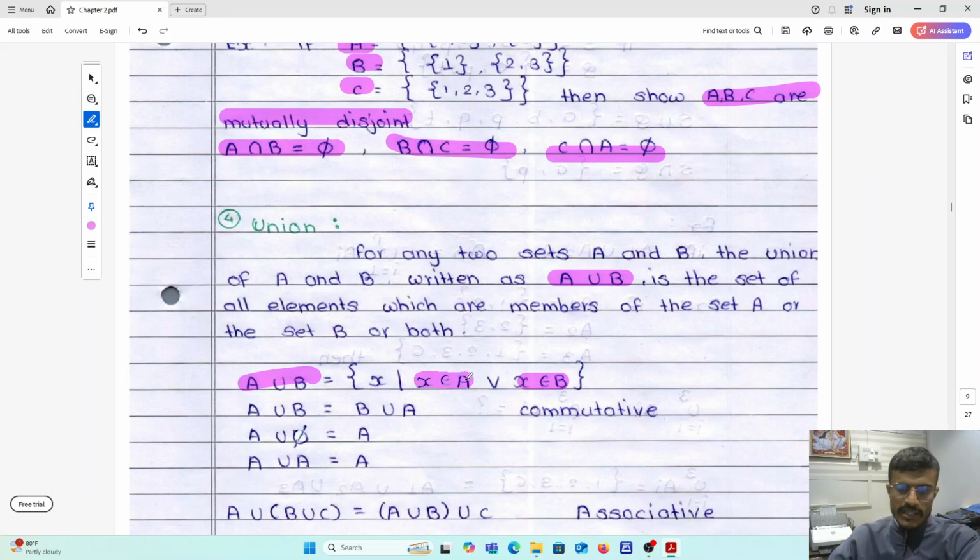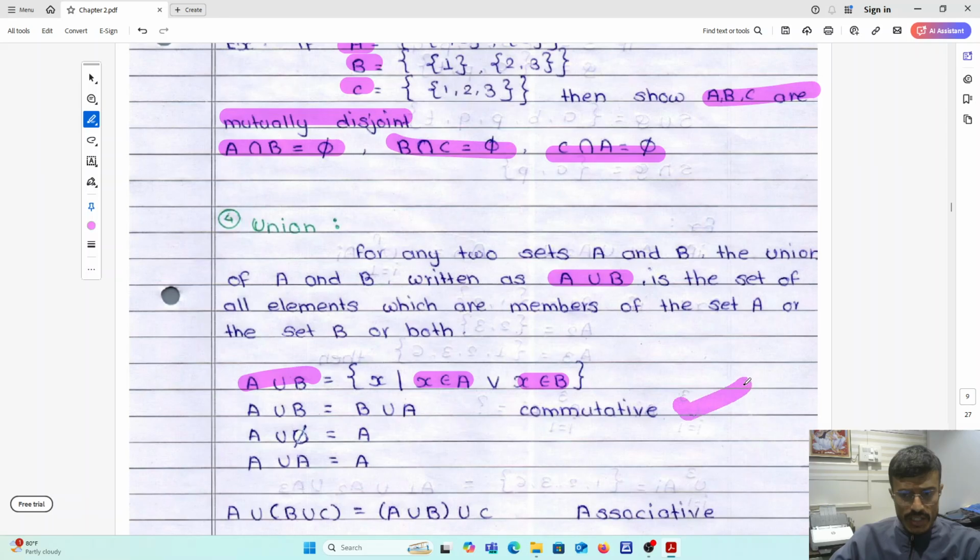Here it is the OR condition: either x should be present in A or x should be present in B. If it is present in both sets, you take it only once. You should not repeat elements while taking the union.